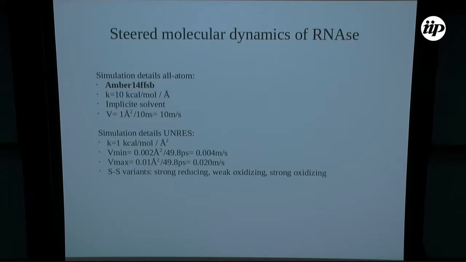So we also performed, for comparison, simulation with UNRES force field. And there's a velocity difference. With all-atom, we had 10 meters per second, which is absurd. It's non-realistic in any way. It means that in vivo you would be ripping around a human body with that speed, not to say about the protein.